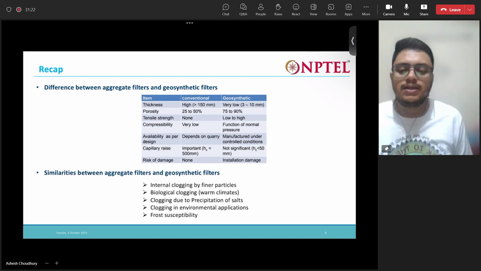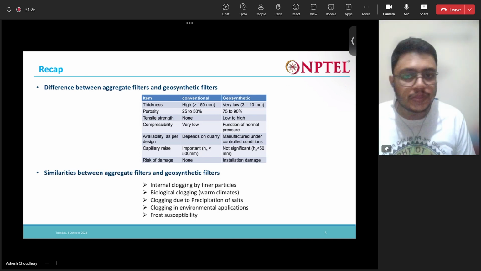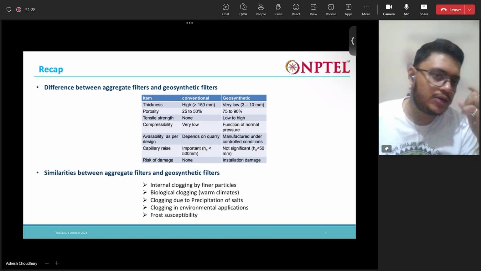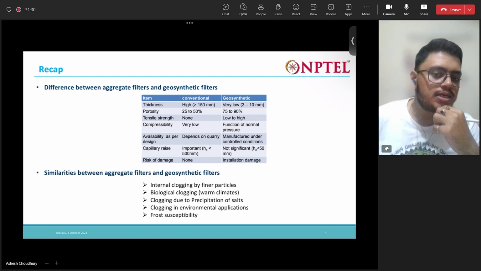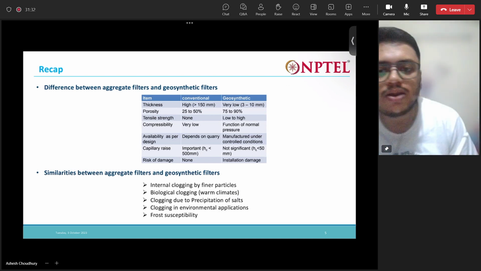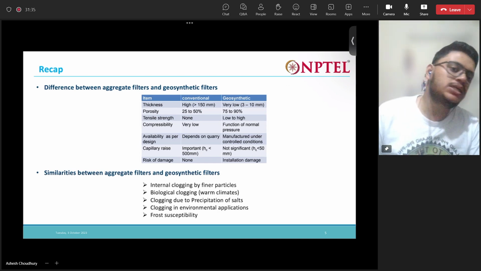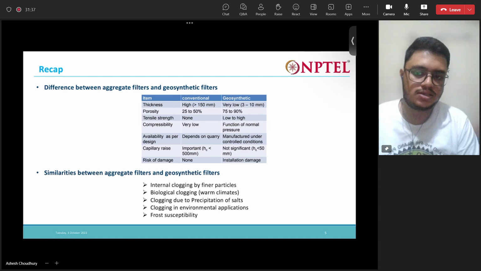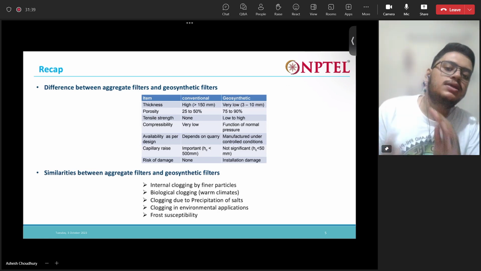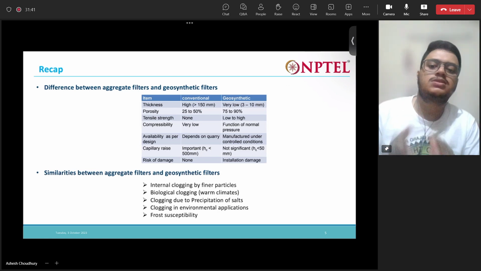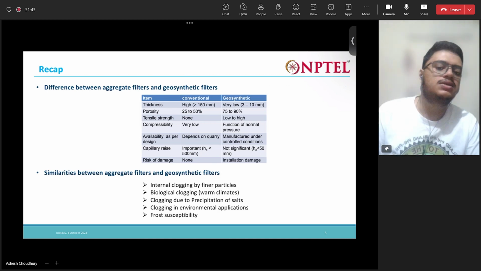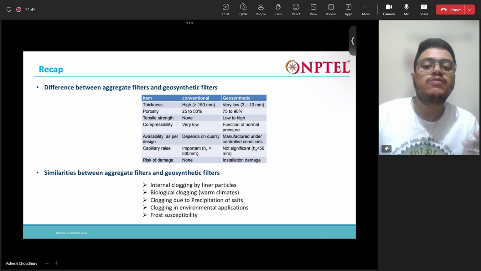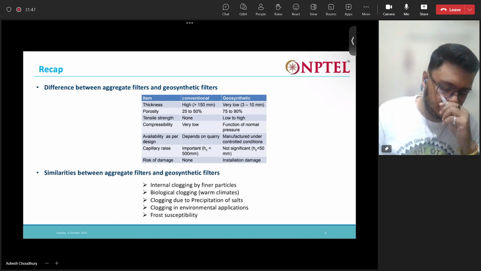As I said, you can make filters with coarse aggregate. Those are soil filters, and you can use either those filters or geosynthetic filters. Now what are the basic differences between these conventional filters, made of aggregate, and filters made of geosynthetic?